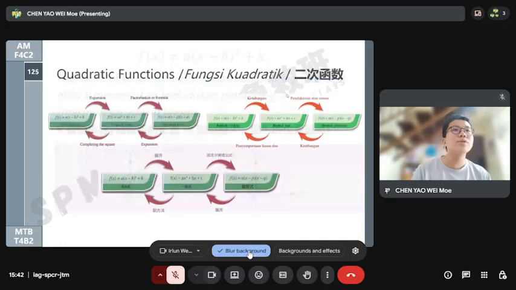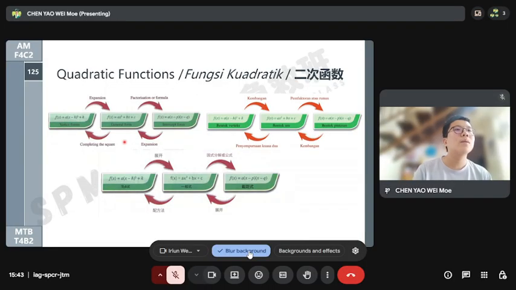By knowing these three forms, we can convert each form using different methods. Vertex to general, we do expansion. From general to vertex, we do completing the square. From general to intercept form, we do factorization of the formula. From intercept to general, we do expansion.